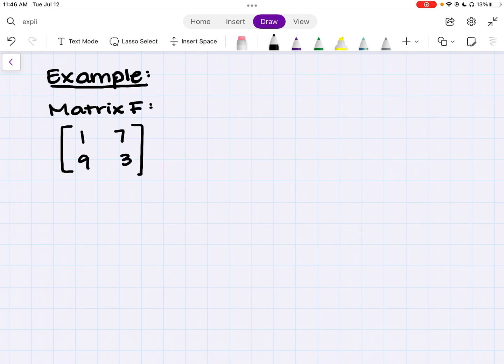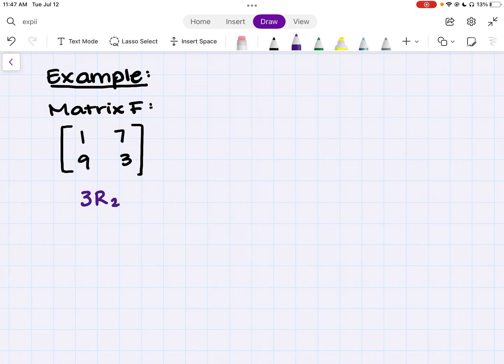This is matrix F. We want to apply the following row operation. This row multiplication, say we want to say 3 R sub 2. So now I want you to pause the video for a second and try and attempt this example by yourself.